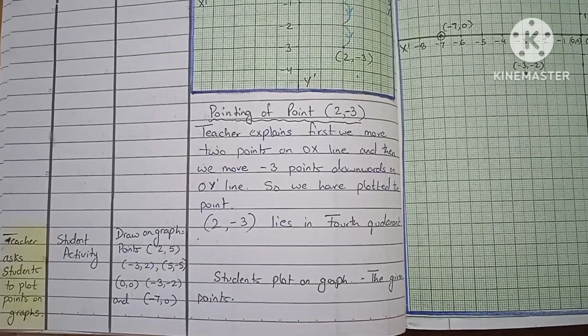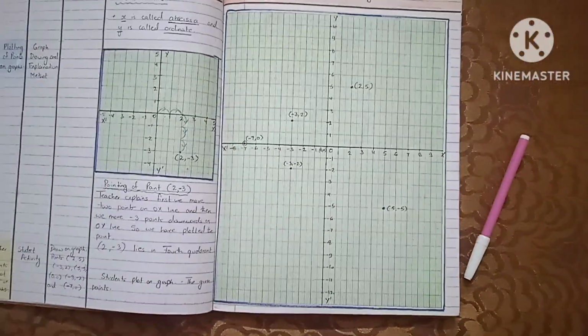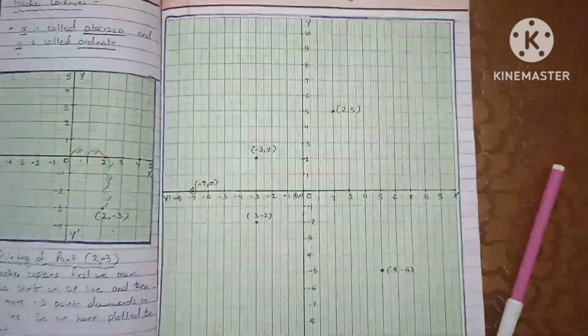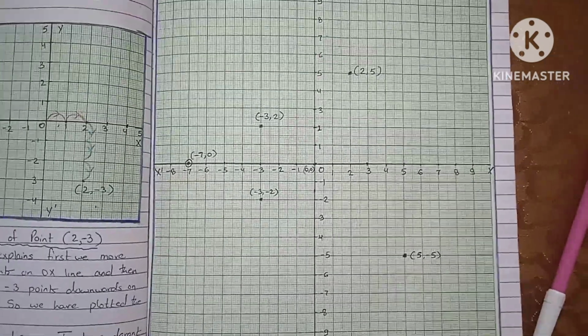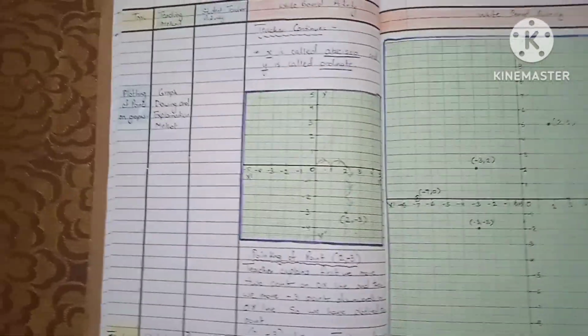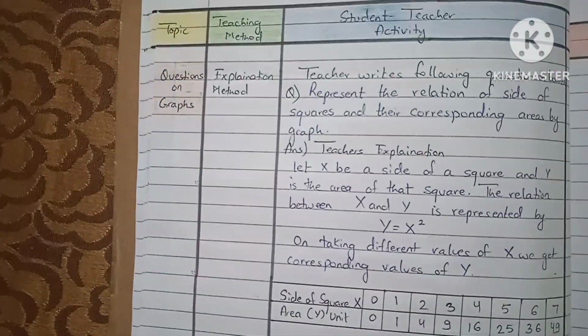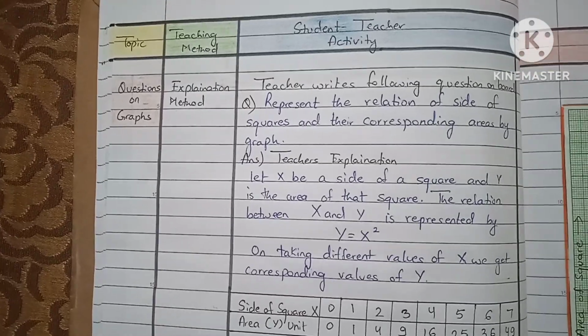The students plot them on the graph, and this is the final result which they have shown. All the points are marked by the students. Next, the teacher comes to questions on graphs.